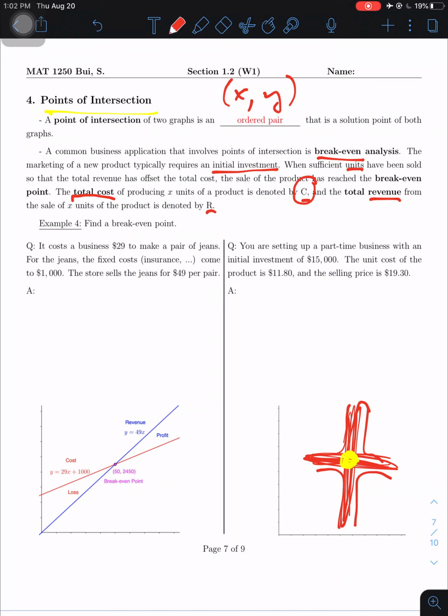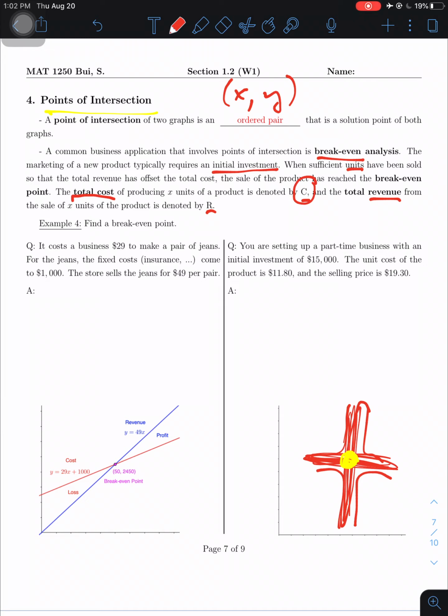The cost is not your money. It's the money that you have to pay to get what you want. And for revenue, I don't know how to explain revenue too much, but if you look up the definition of revenue on Google, that will tell you what revenue means.